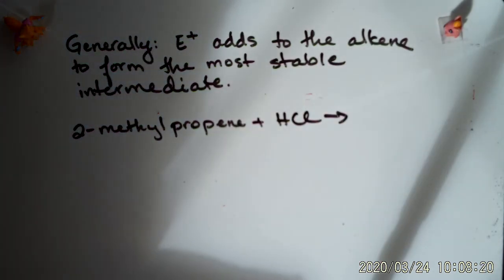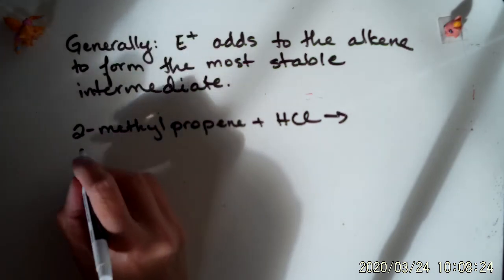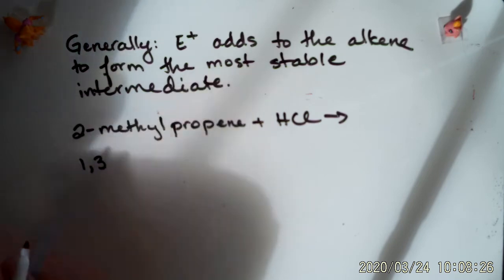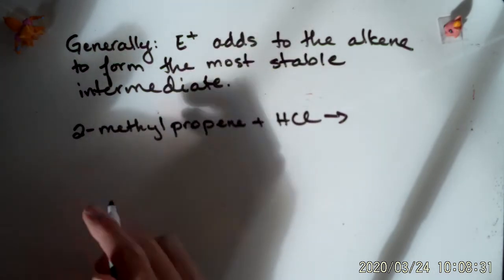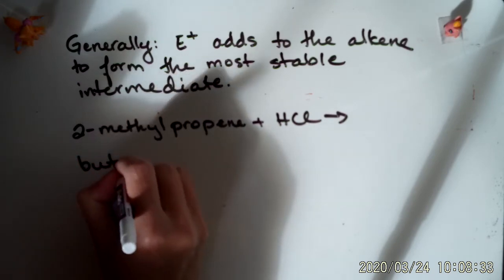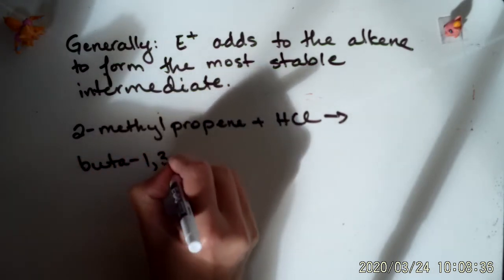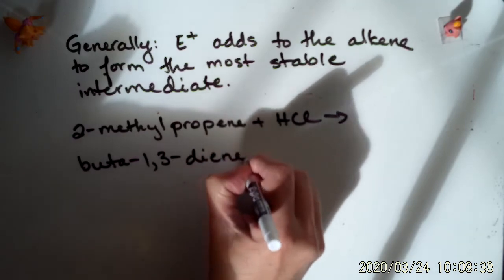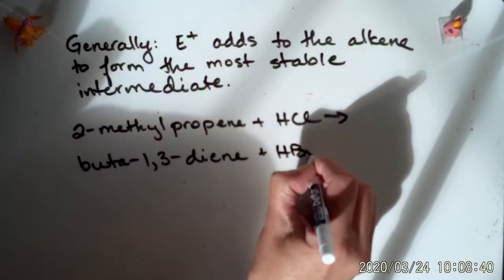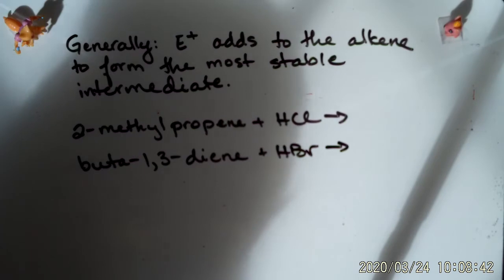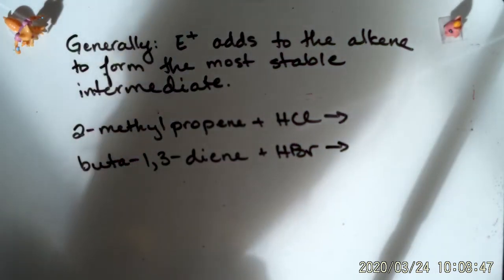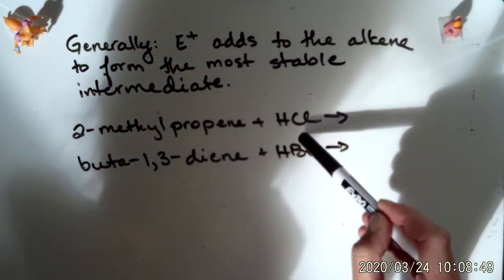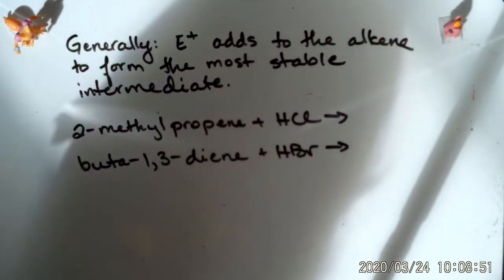And suppose I take buta-1,3-diene plus HBr. Now you can propose the products for that too. So 1 mole here, 1 mole there. So let's do problem 1 first.